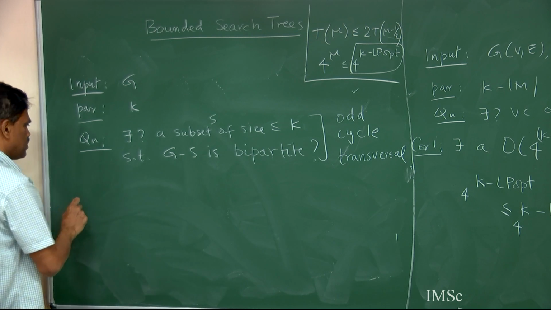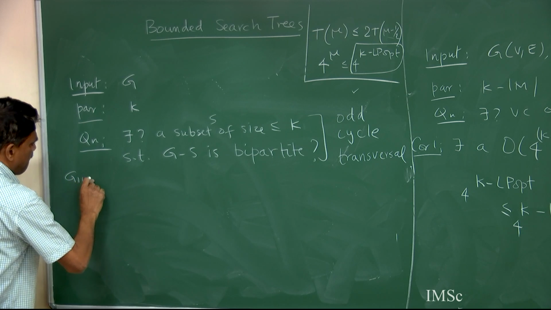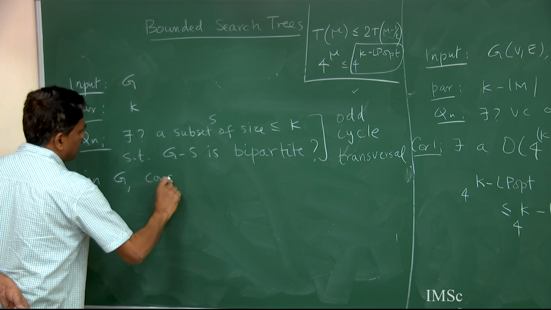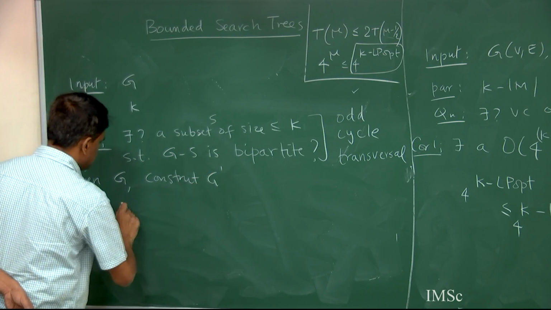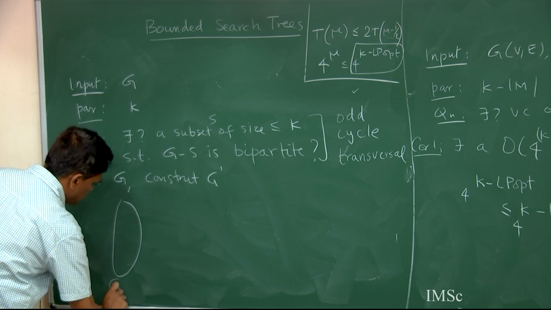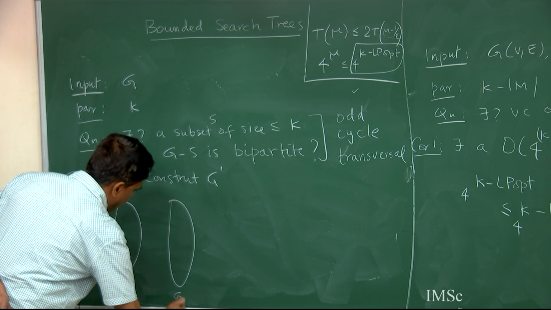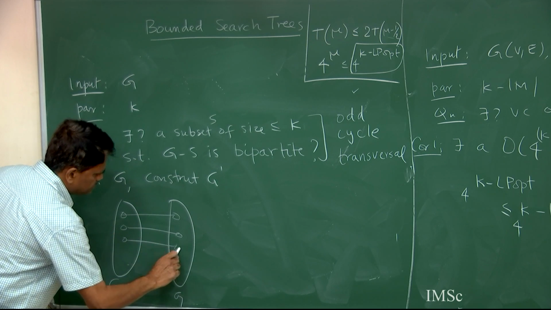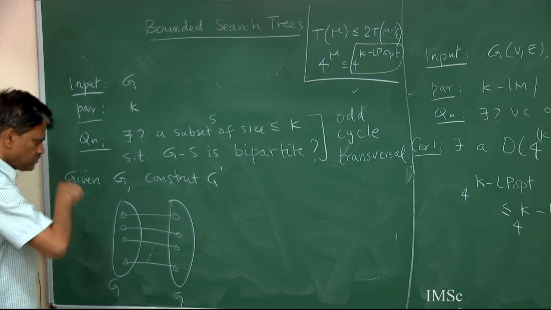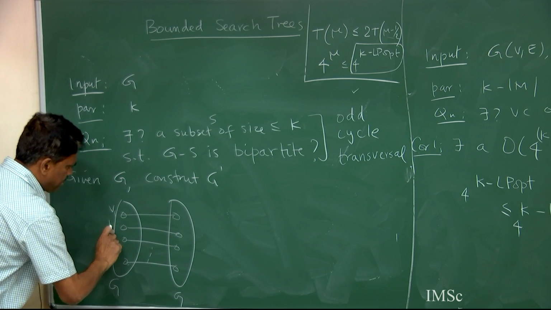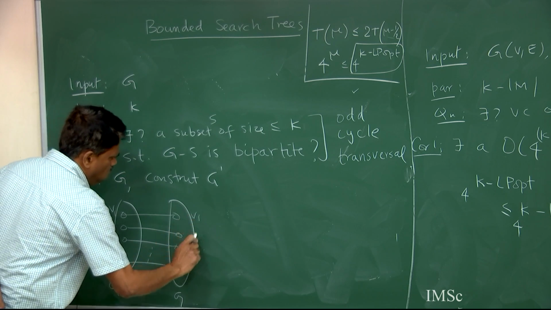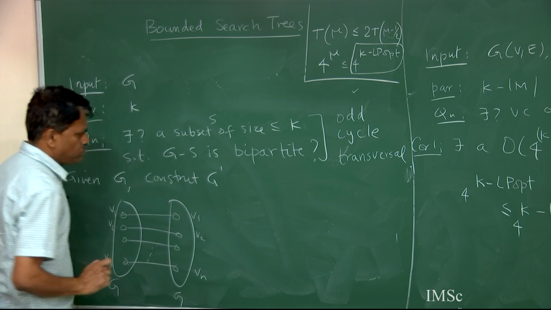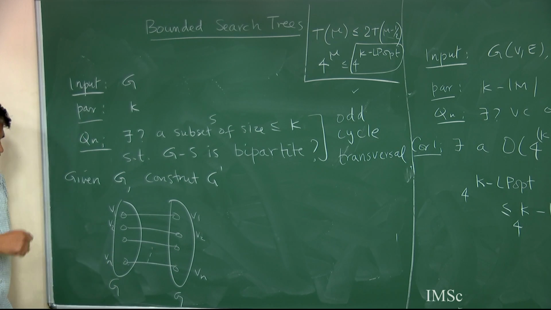So, what we will do is, given G, we will construct this G prime, which has 2 copies of G with the corresponding vertices joined by an edge. Okay.